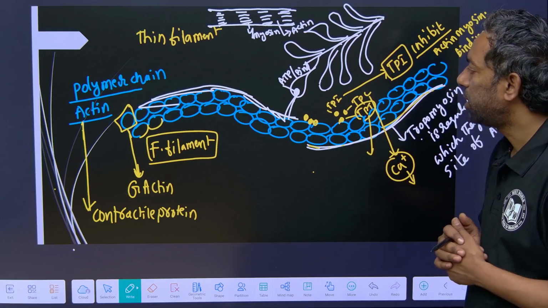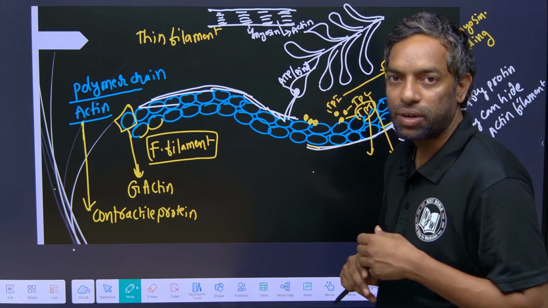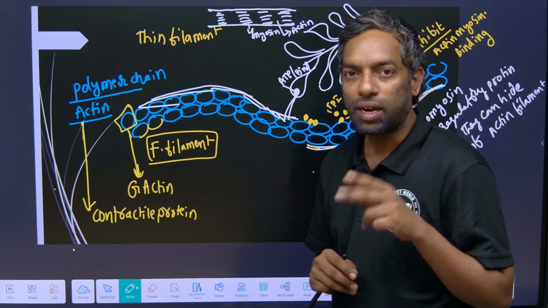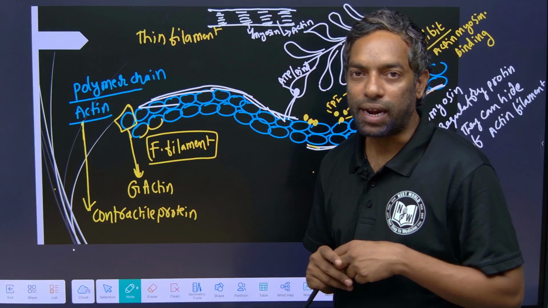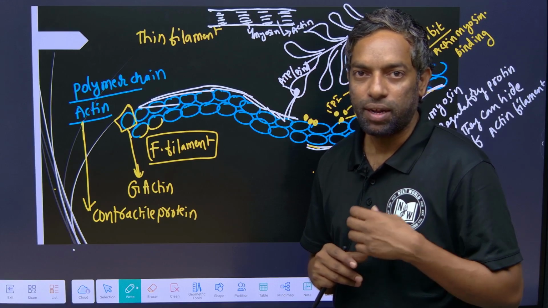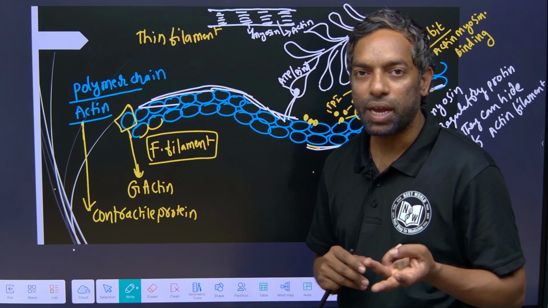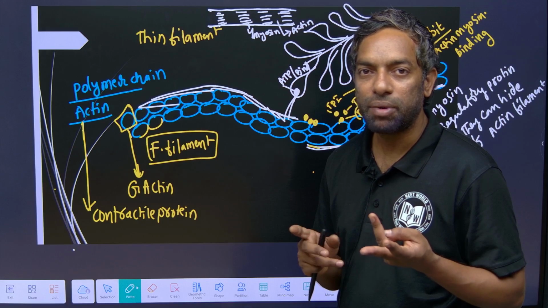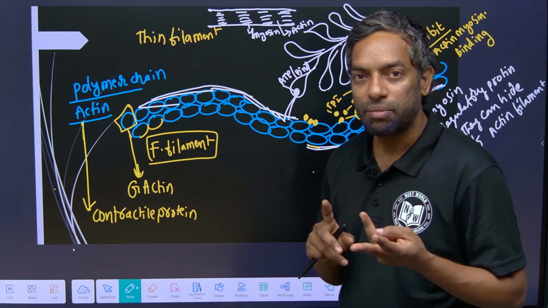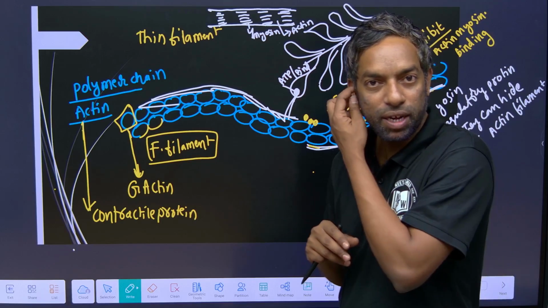This is about muscle contraction. There are two types of proteins: contractile proteins and regulatory proteins. Contractile proteins are myosin and actin. Regulatory proteins are tropomyosin and troponin. Troponin has three sites: TPI, which can inhibit the muscle contraction, meaning the attachment of the head part to the F filament of the actin.